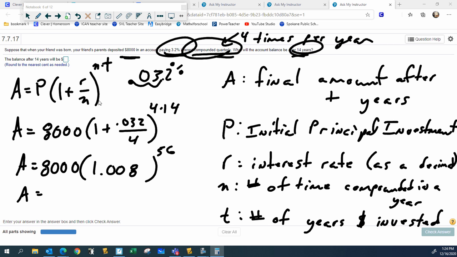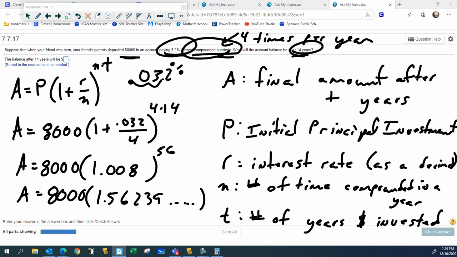Okay, and the key on this is it's a decimal that continues forever, and so we do not want to round that. When I type 1.008 to the power of 56 in, I get 1.5623.9, and it goes on forever.